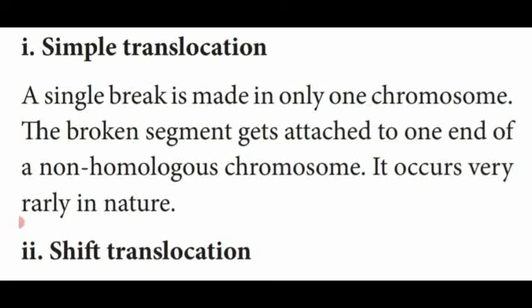First type, simple translocation. A single break is made in only one chromosome. That broken segment gets attached to one end of a non-homologous chromosome. It occurs very rarely in nature.